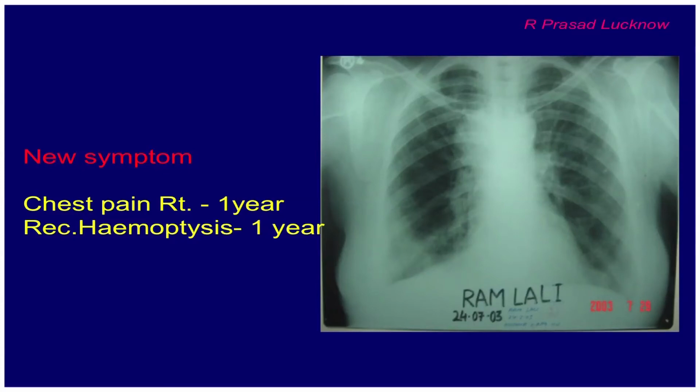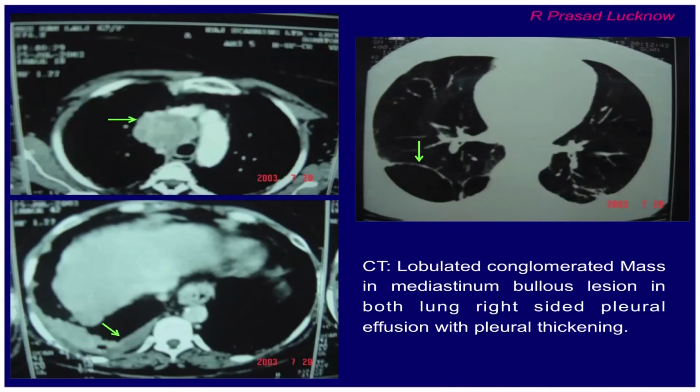So, we investigated her further. Chest X-ray subsequently has shown some doubtful paratracheal shadow, and then we got CT thorax done, and CT thorax has shown there is a mass in the mediastinum. You can see emphysematous bullae, and you can also see evidence of pleural effusion on the right side.